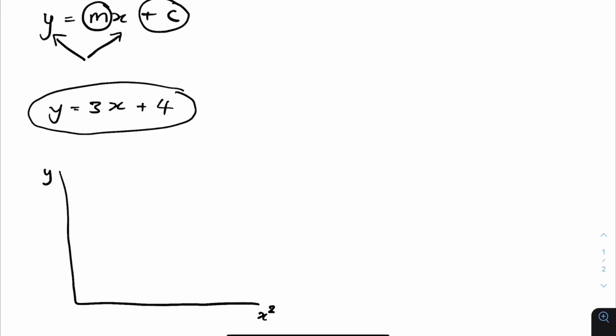So let's say when x is 2, 3 times 2 is 6 plus 4, so y is 10. So when x is 2, y is 10. Let's say this here is (2, 10). Now let's input another value. Let's say x is 3. Well, 3 times 3 is 9, plus 4 is 13.